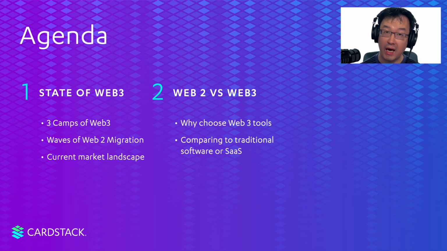We're going to talk about why you would choose the Web3 version of these tools, and how those tools, categories, and features compare to what is a large business of traditional software and SaaS, hosted software. So we'll do some analysis there. For people who are new to Web3 but very familiar with tech, software, platforms, and cloud, this provides an anchoring and an understanding of the context in which Web3 innovation is happening within the greater world of technology and software.